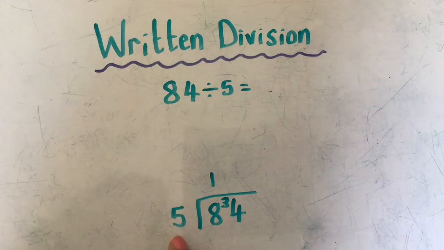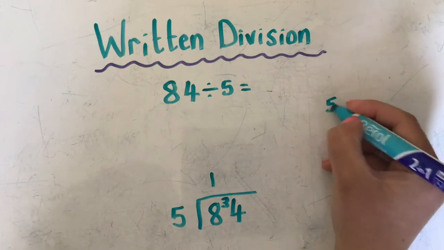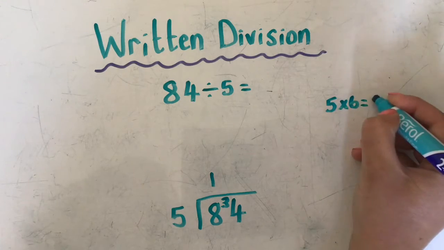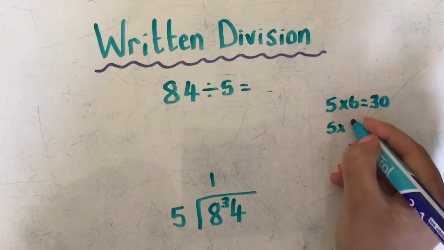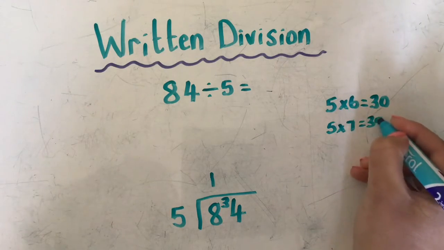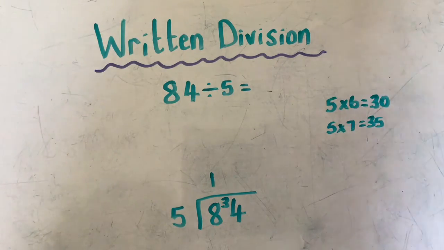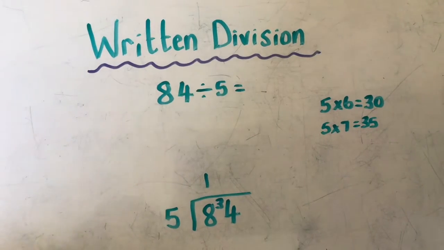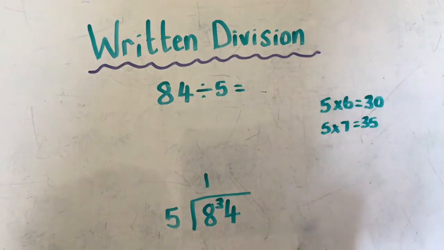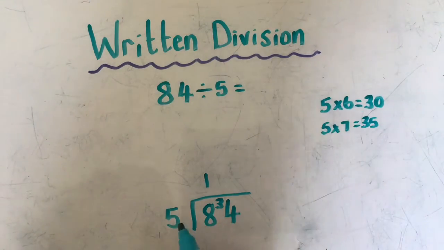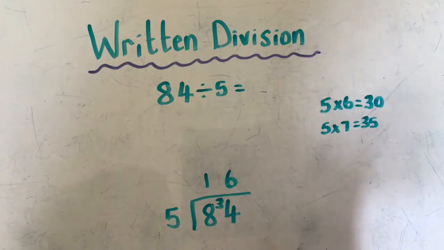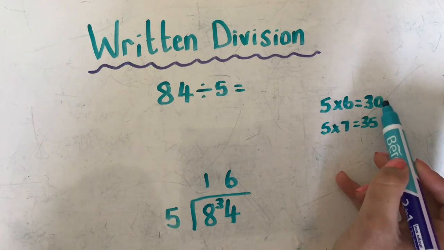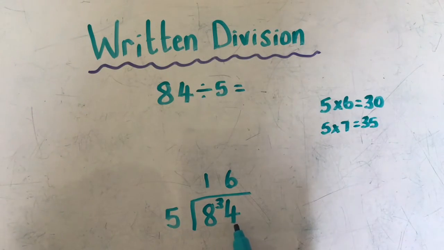Thinking of our 5 times tables, 5 multiplied by 6 equals 30. 5 multiplied by 7 equals 35. So in this case, we're going to use our 5 multiplied by 6 table to help us answer this one. So 5 goes into 34 6 times, and we have to work out the difference between 30 and 34, which in this case is 4.